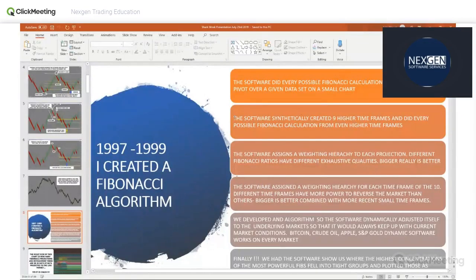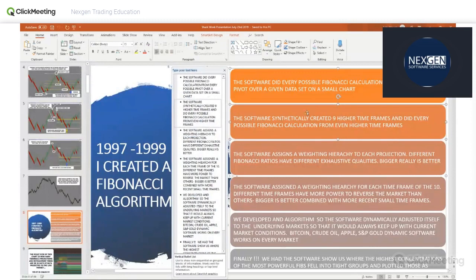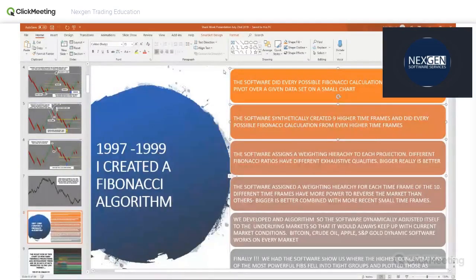Then our software creates 9 higher time frames and does every possible fib projection and calculation from 10 time frames. Then our software goes in and assigns, more importantly, a weighting hierarchy to each of the Fibonacci projections. Here, I'll take a little picture of this. We can just look at the picture.